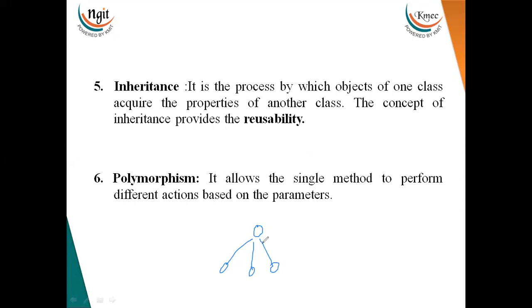Sir, how is a method going to perform different actions? That depends upon the parameters, the type of parameters and the number of parameters which we are passing. Based on that, the method is going to perform different actions. So that is called polymorphism. There we have runtime polymorphism and compile time polymorphism. These are all things we will cover in due course. There we have an in-depth discussion about this polymorphism.